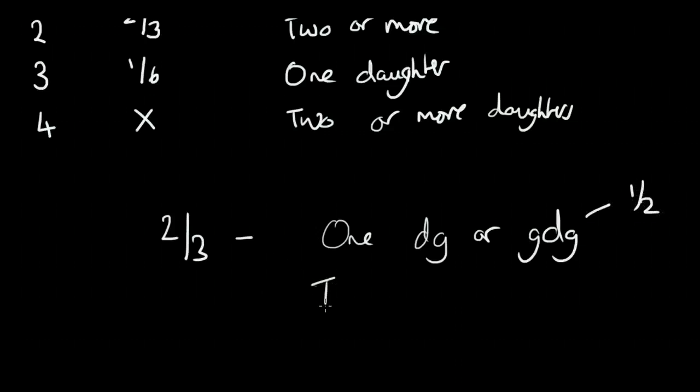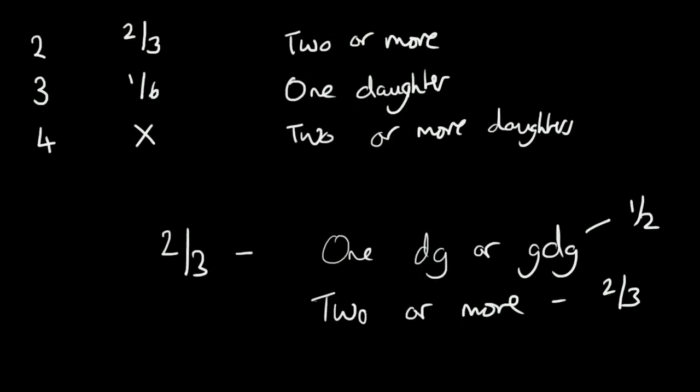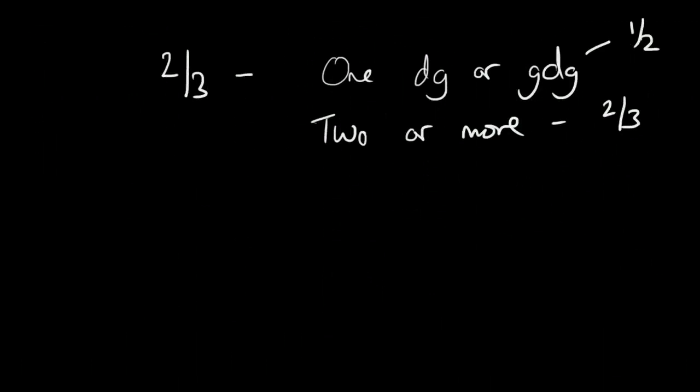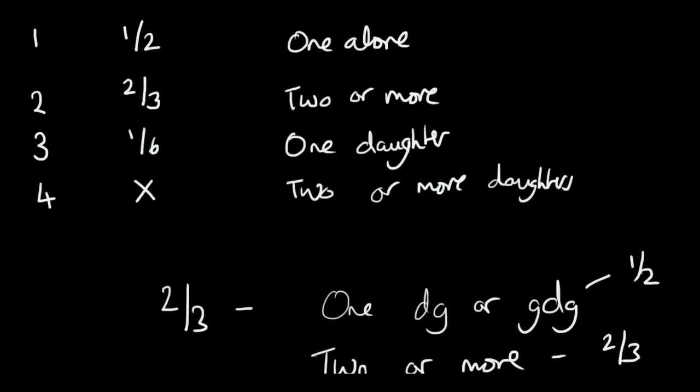However, if there's 2 or more, they get 2/3. Now this is between all of them, so between daughters and granddaughters, and daughters take precedence over granddaughters, which means that if there's 2 or more daughters, then the 2/3 is used up, and the granddaughters who come second in line actually get nothing.